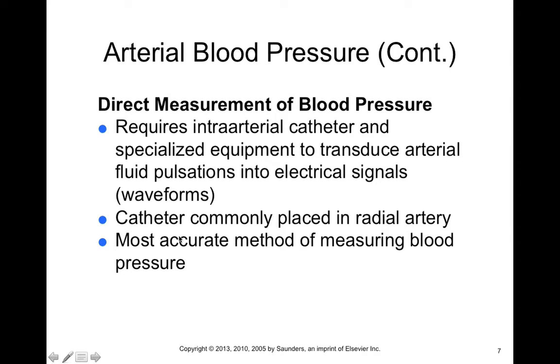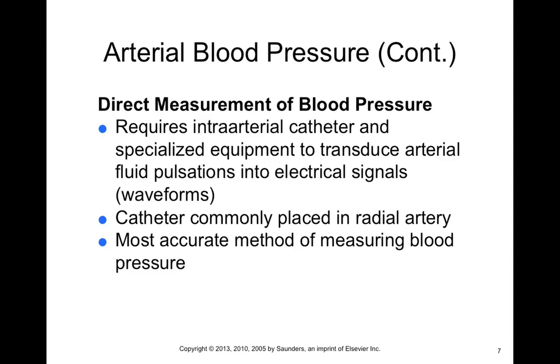What this does is measure the pulsations of blood pressure and convert this to electrical signals, which can give us these waveforms. Now, this is the most accurate method of measuring blood pressure, and it also gives you a measure of blood pressure in real time.